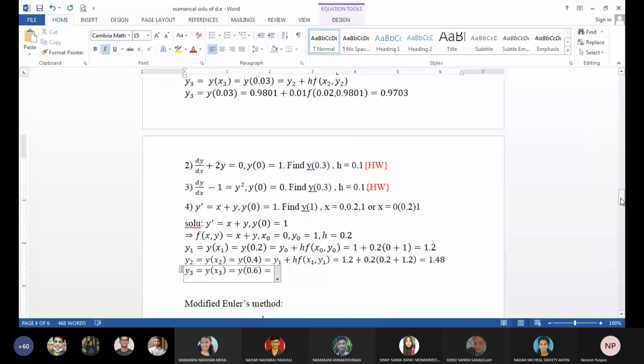With h as 0.2, it will be my y2 plus h into f of x2 comma y2. Okay, y2 plus h into f of x2 comma y2. So calculate and tell me what the value of my y3 is.